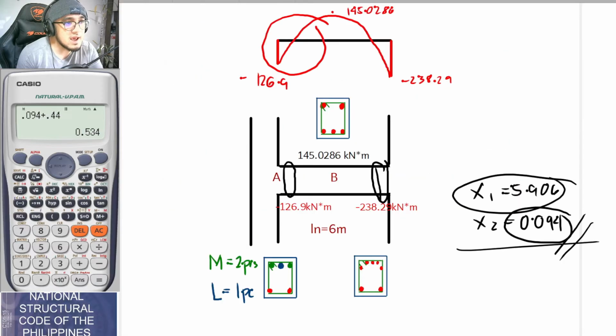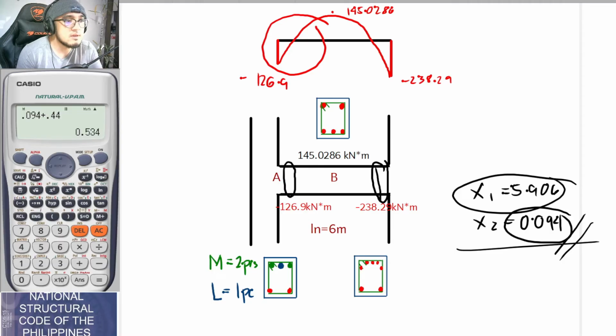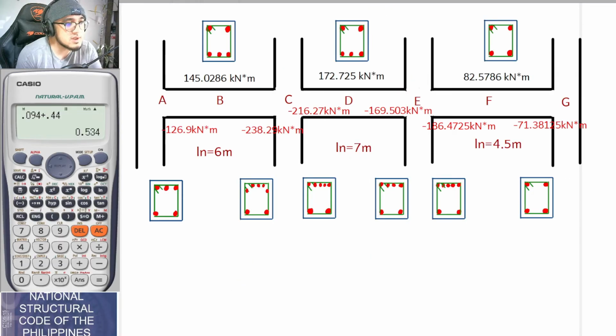So basically, you do not need to solve for this cutoff point or this development length any longer, since it is only 2 pieces. And with that, in actual practice, the bars M should run from here up until, well, throughout. Because that is just 2 pieces.